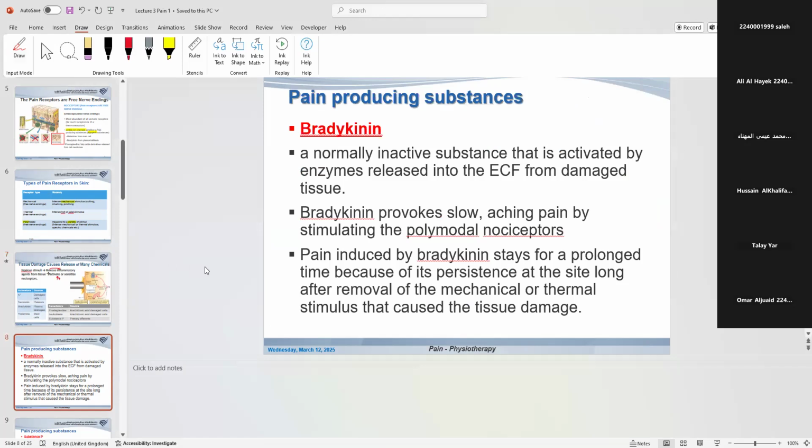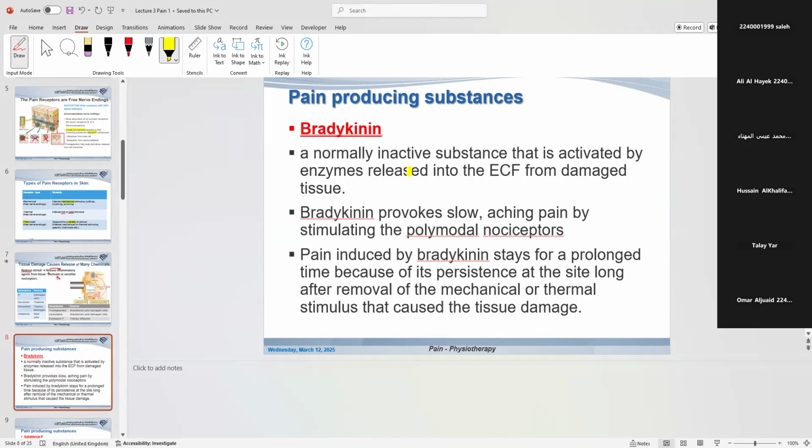Just to give you a broader idea about bradykinin, which is the most important pain-producing substance. Normally, it is present as an inactive substance and gets activated by enzymes that are released in the extracellular fluid from damaged tissues.